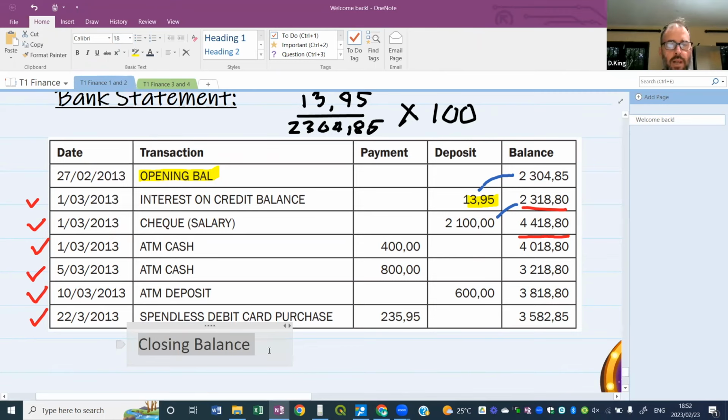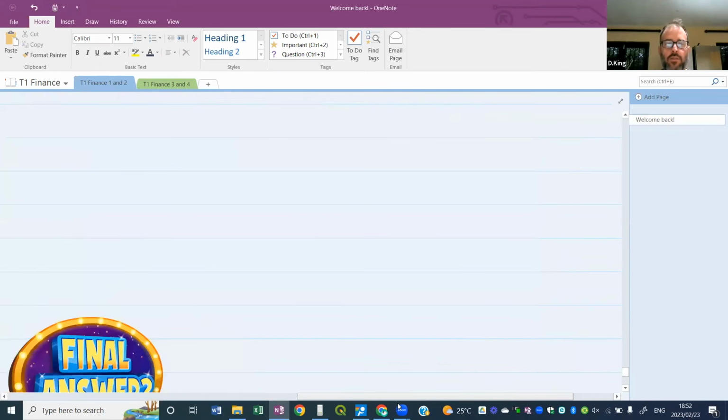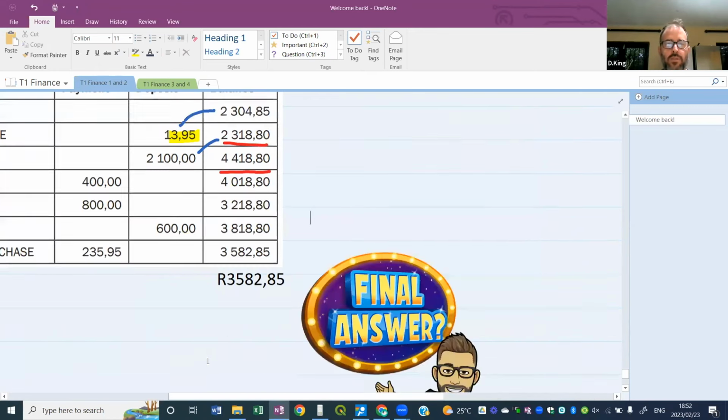Our closing balance would be the last value that we have here in our balance column, 3582.85. That is the final answer.